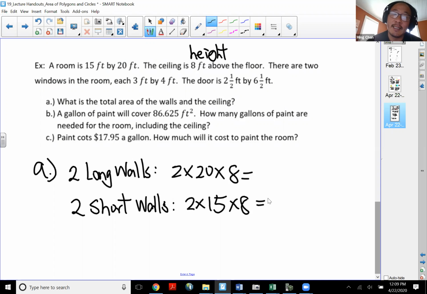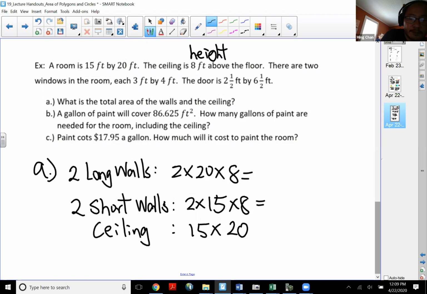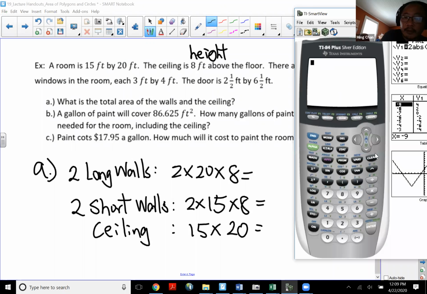However big the floor is, the ceiling has the same area. So your ceiling is also 15 feet by 20 foot. Let's find each area and add them up, and that'll give me my total area. Then we're going to take a look at the windows and all that.